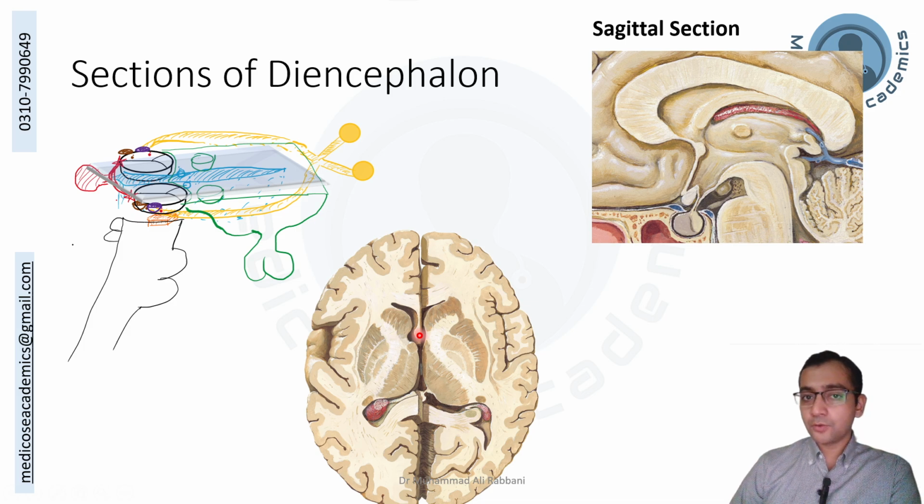Between the fornix and corpus callosum there is septum pellucidum that is seen here. On either side there is lateral ventricle, anterior horn, there is caudate nucleus, this is internal capsule, and that is lentiform nucleus.